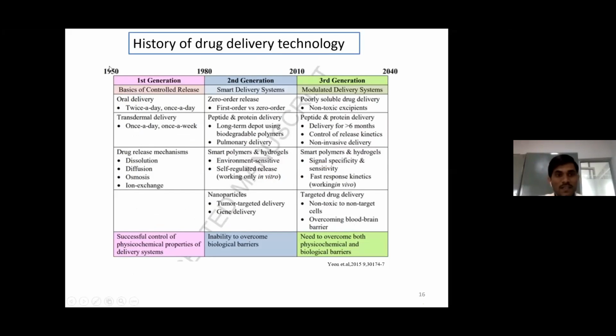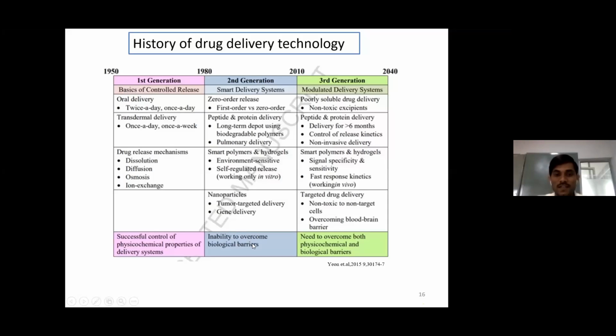When we see the history of modern delivery technology, it is around 60 years old. In the first generation, most of the oral and transdermal drug delivery products were successfully translated into clinical products because the nature of the problem is similar. It deals only with the physicochemical properties of the drug and polymer. In the second generation, it is less productive for the development of products into the clinical market because the nature of the problem is more complicated.